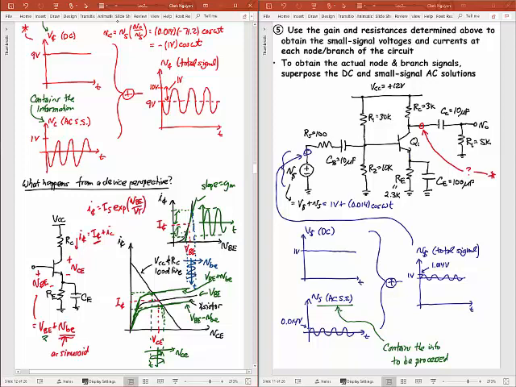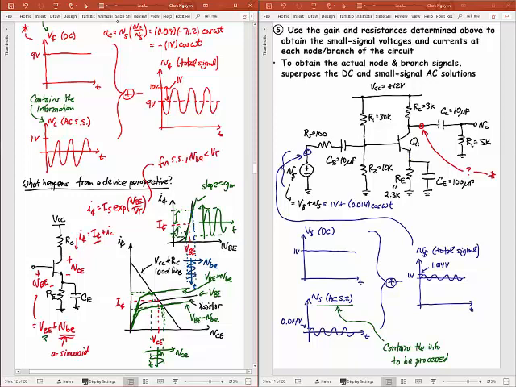So an exponential of VBE divided by VT, if I wanted to make sure that this was small signal, I would make sure that VBE was less than VT. Significantly less than VT. So I would say just from this, for small signal, I want VBE to be less than VT.